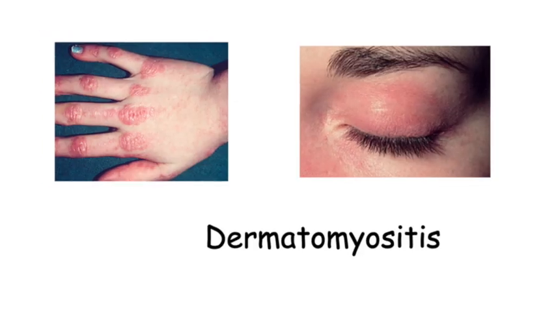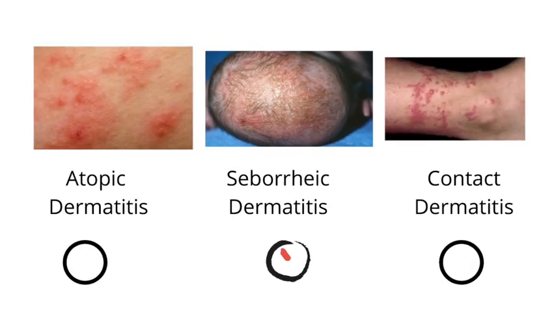Here are the 3 main types of dermatitis tested on the USMLE. Do you know which is which? If not, let's go to the next slide. So let's focus on seborrheic dermatitis first. How I identify that one is because of the greasy appearance, and it's usually the cradle cap seen in infants or neonates.